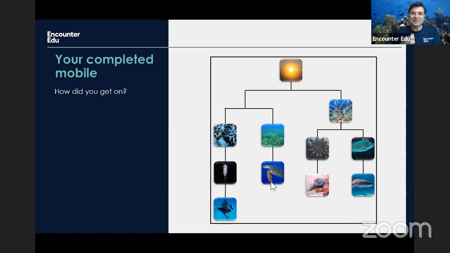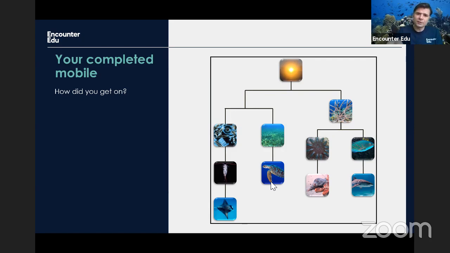And that sun, as you can see, is providing the energy to producers. There are three types of living thing on our food chain mobile that are getting the energy from the sun, producing energy from the sun. We have the phytoplankton or algae on the left-hand side, seagrass in the middle, and coral on the right-hand side.